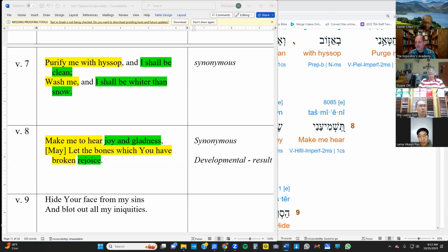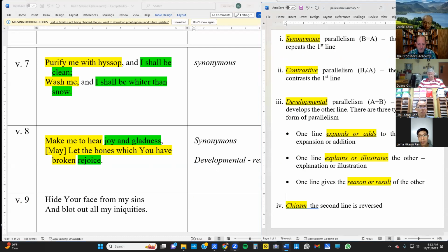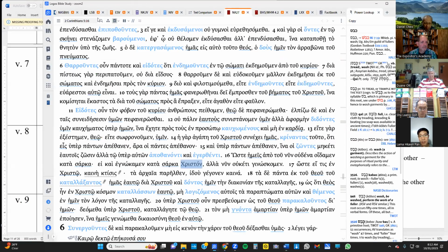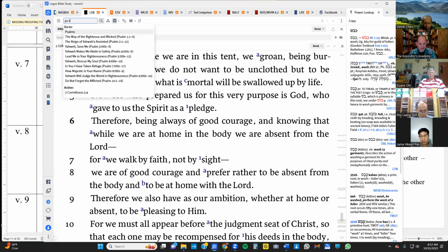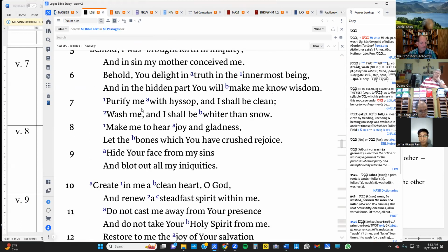Let me look at the other English translations, see if any of them add something. We're on verse 8. Notice they have, make me to hear joy and gladness. Let the bones which you have crushed rejoice.